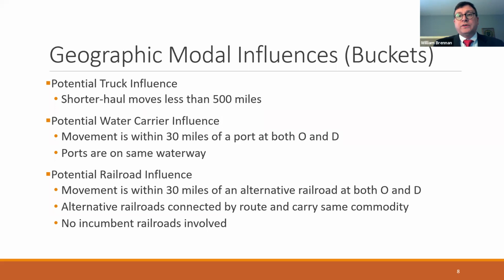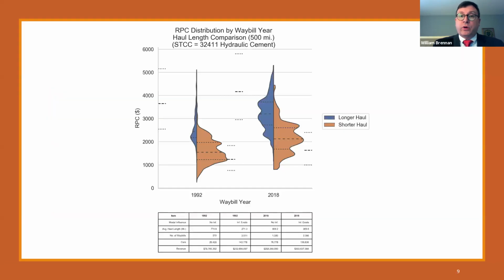Again, the intended goal of this technical conference is to describe in plain language how we approach this exploratory data analysis. What are the buckets? How do our algorithms work to sort movements into those buckets and generate slides like this one? All the coding and algorithms we relied upon are available from the board as part of our work papers.